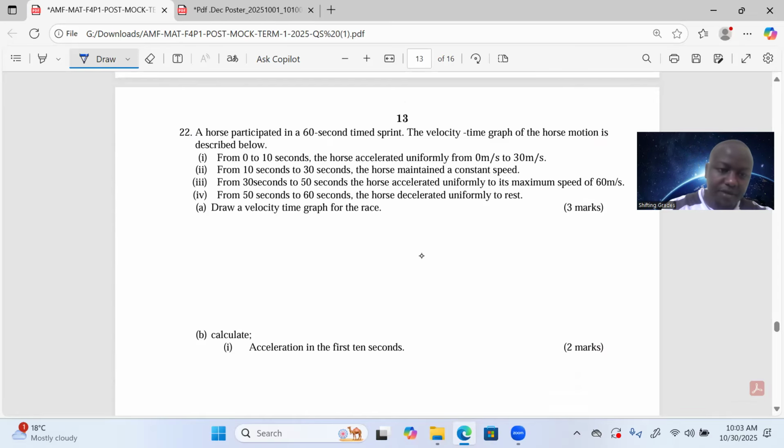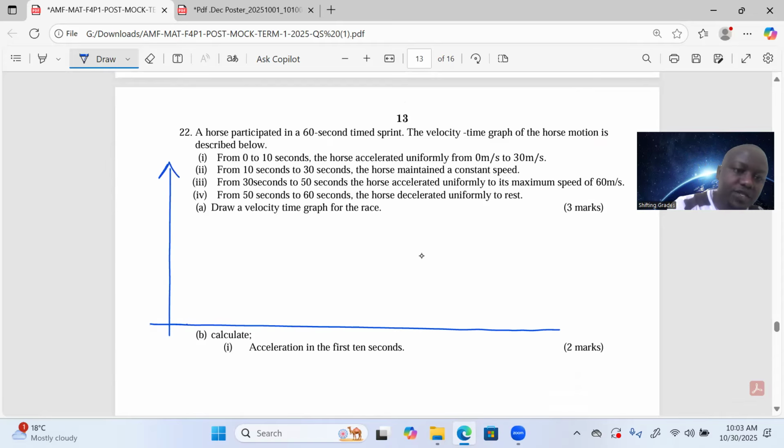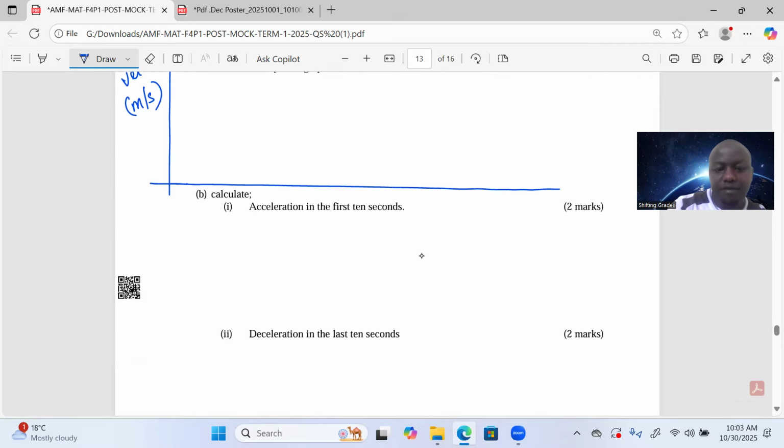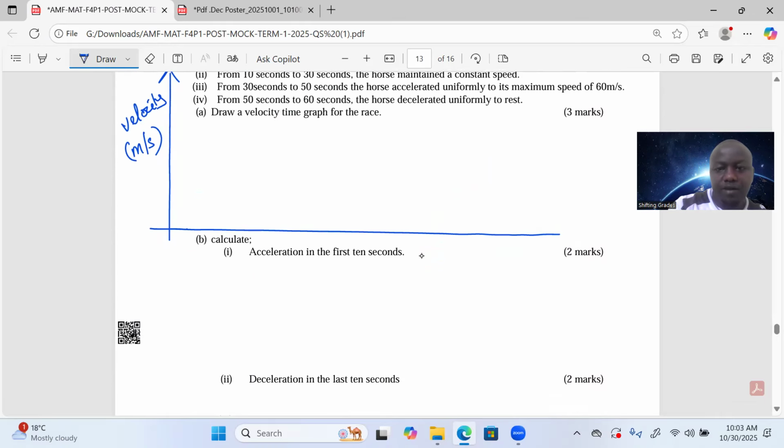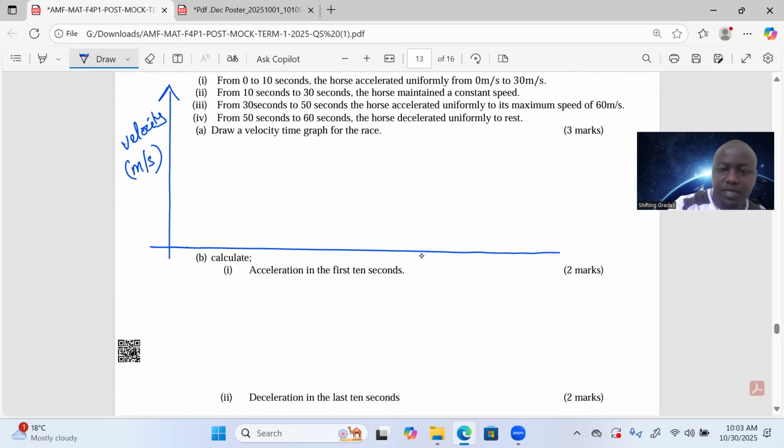Velocity time graph. So we shall have velocity on the vertical axis, in meters per second, and time in seconds along the horizontal axis.